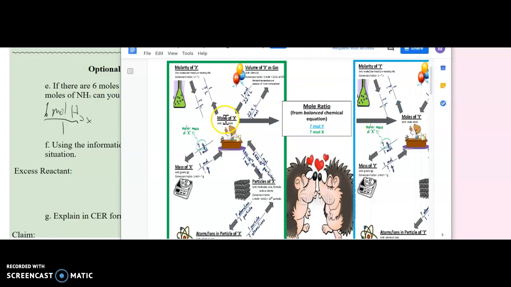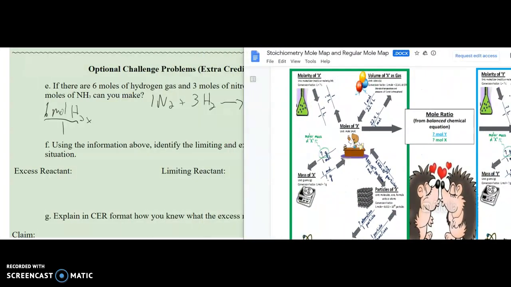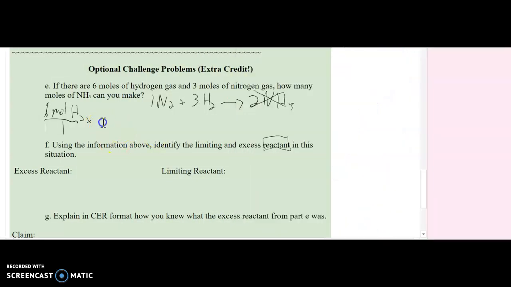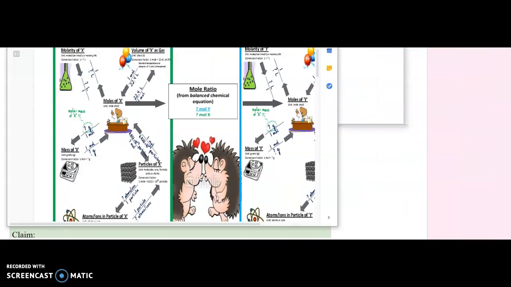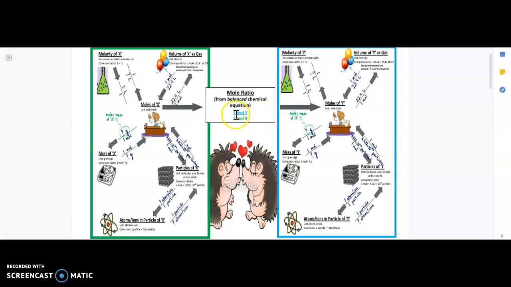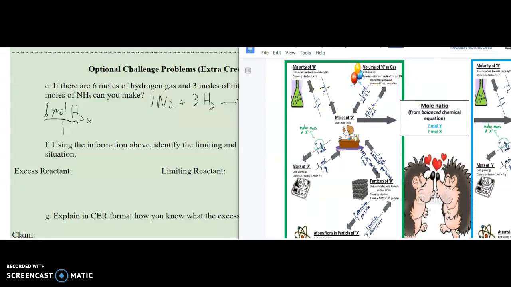I am trying to turn moles of H2 into moles of my other thing. In this case, my other reactant is N2. Okay, so that's how I'm doing that. And I am just doing exactly what the mole map says. The mole map says to write the mole of the thing you're trying to find over the mole of the thing that you already have. Cool.